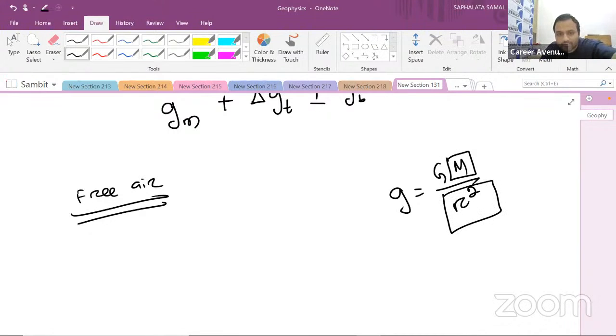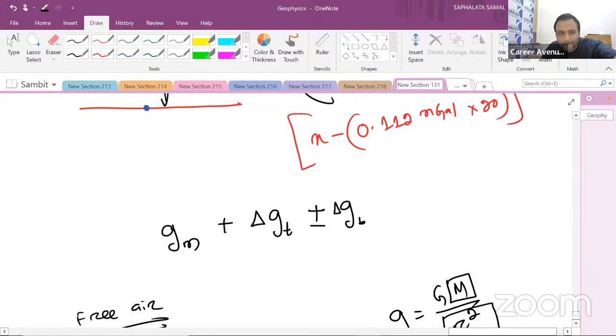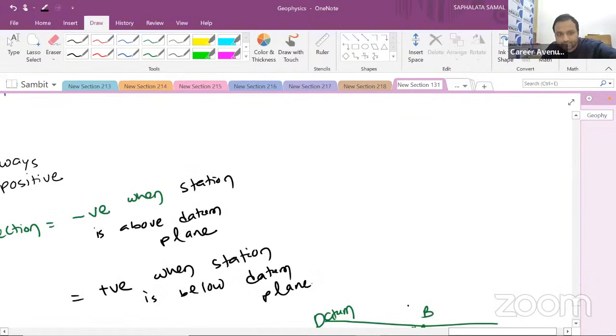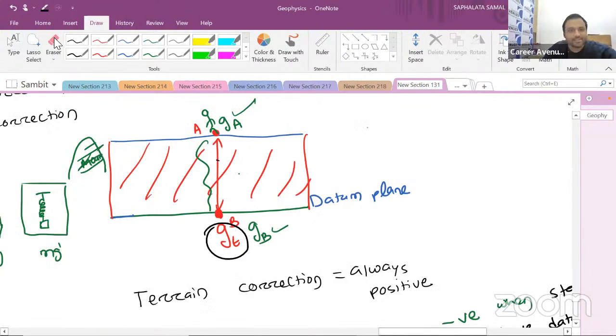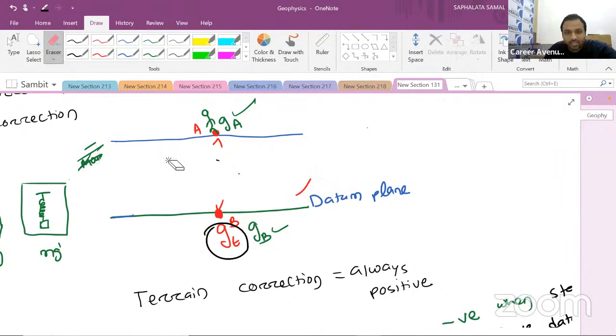In this picture, I compensated the gravity value with the theoretical gravity value, so the extra gravity value at A due to the mass effect is completely gone. Now the only thing between A and B is a distance.